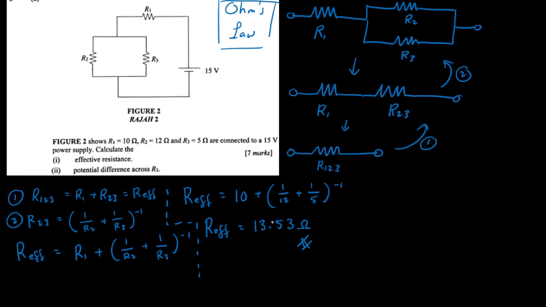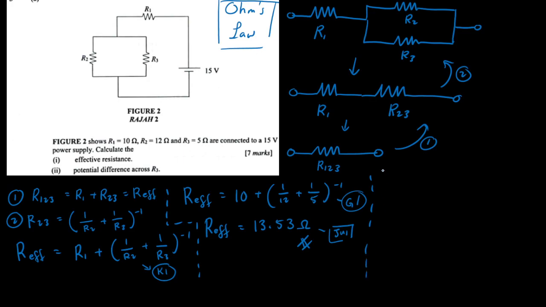Alright, so working out this equation for R effective again gives you a mark for concept. Right, that there's a mark for concept, and then of course substitution, you get another mark, and your final answer with unit. Okay, I cannot emphasize it enough that with unit is such an important phrase, right?